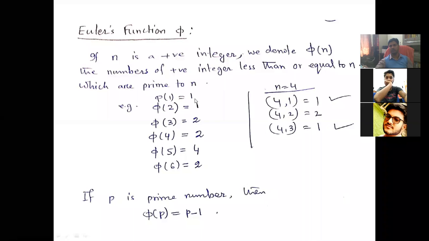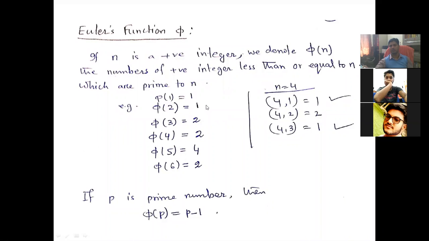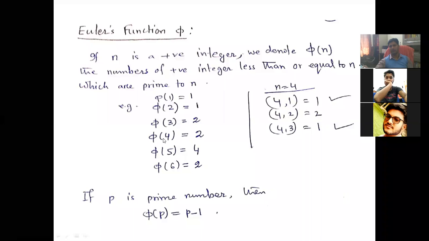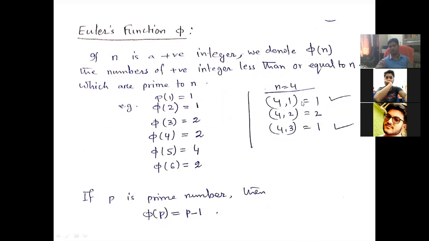So phi 1 equal to 1, phi 2 equal to 1, phi 4 equal to 2. You see how it is 2. 4 and 1, GCD 1. 4 and 2, GCD 2, so we will not count this one.